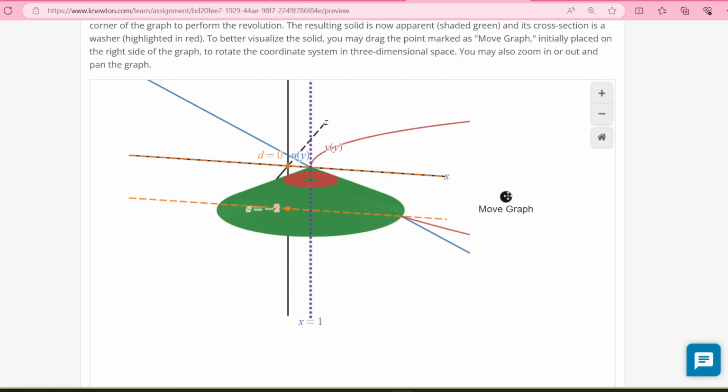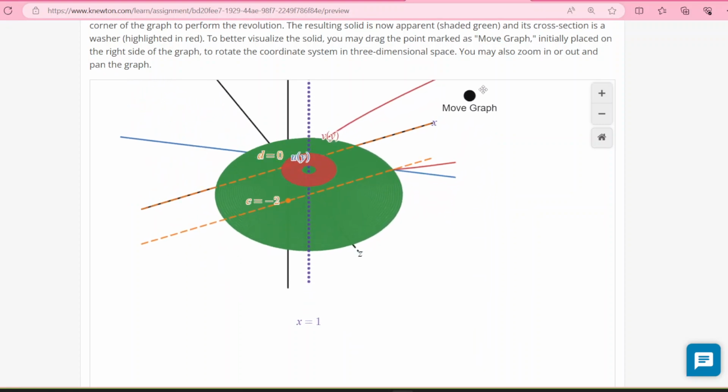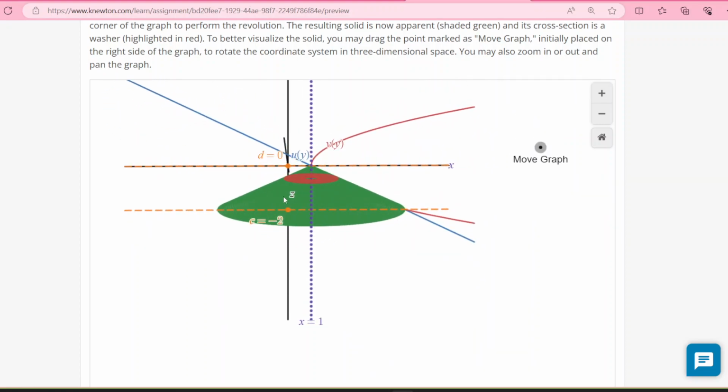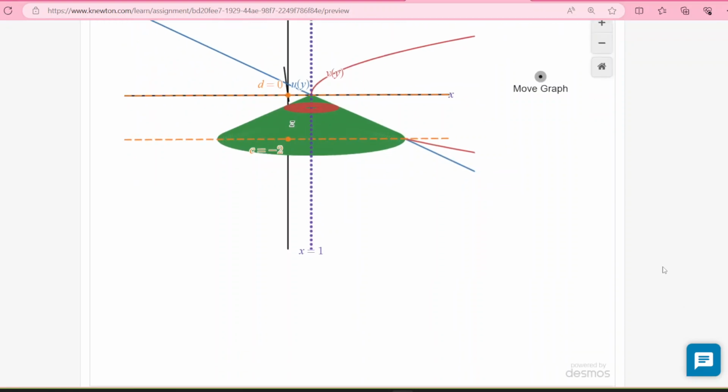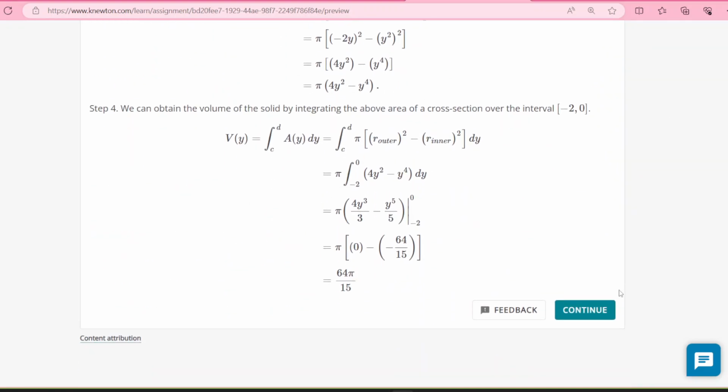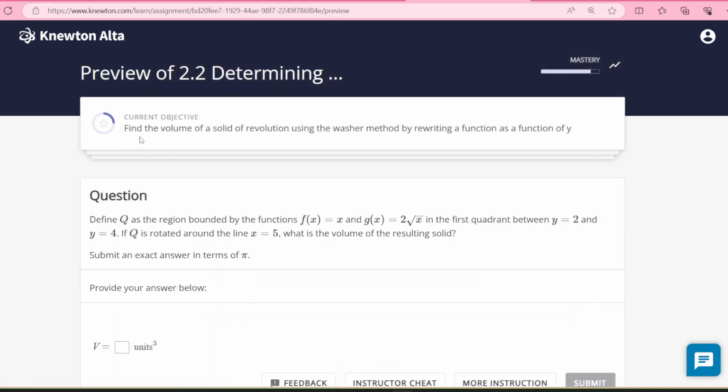But it's not really a cone because it's got a part of it hollowed out. I don't know if you can see that, but it's got a divot. It's like a bundt cake. Anyway, we got the volume. All right, so last objective, which we're about a quarter of the way through, so almost there, right? The mastery bar is at 85%.